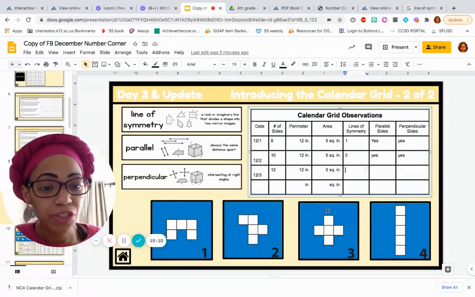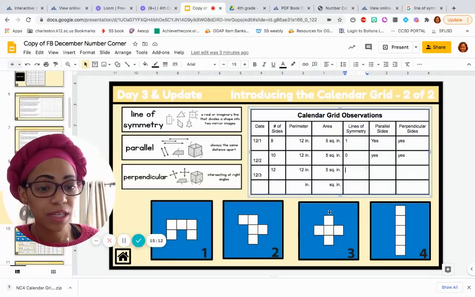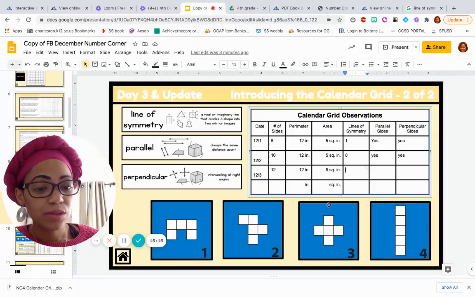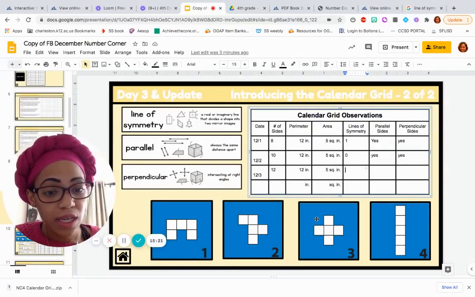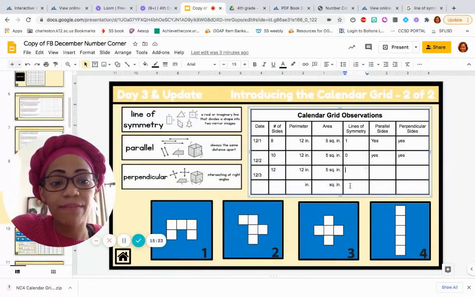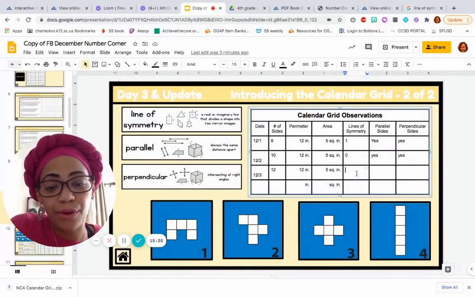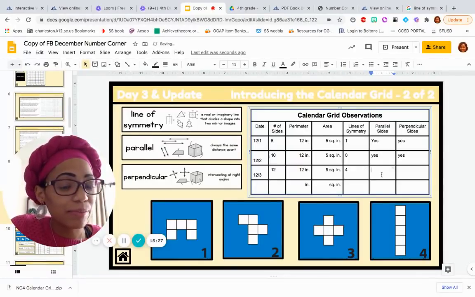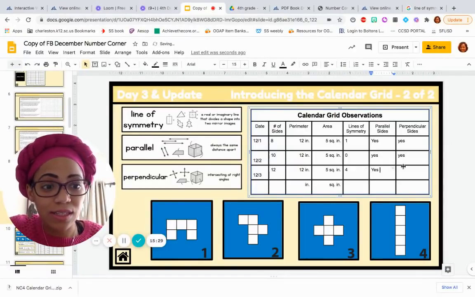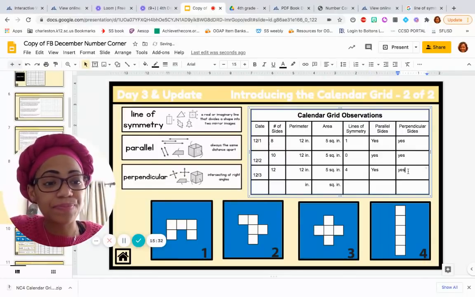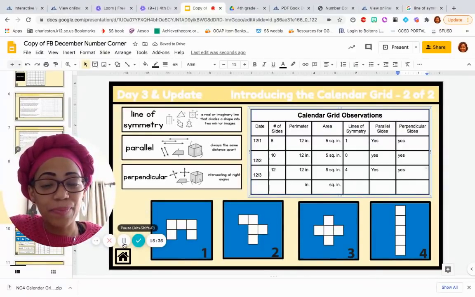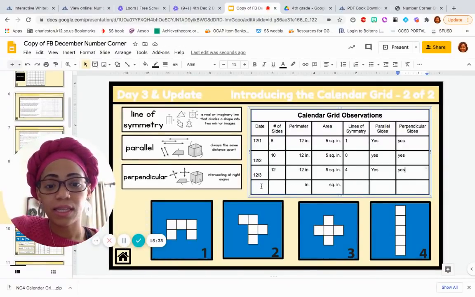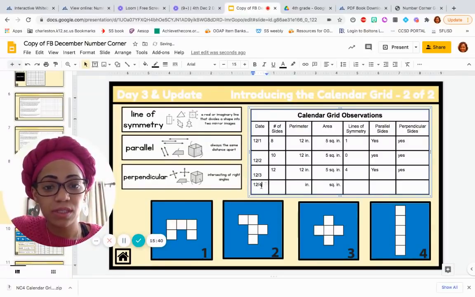So this shape actually has 4 lines of symmetry. Line here, here. We can also do a cross or lines in the middle. So horizontally, vertically, and then diagonally. So we have 4 lines of symmetry for our third marker. Does it have parallel sides? Yes. How about perpendicular sides? Yes, it does.